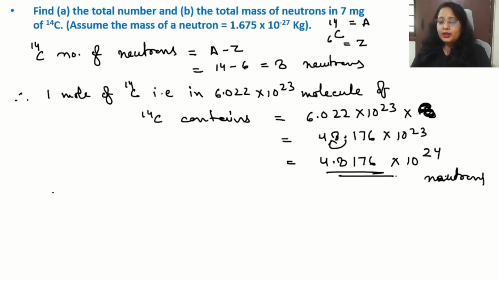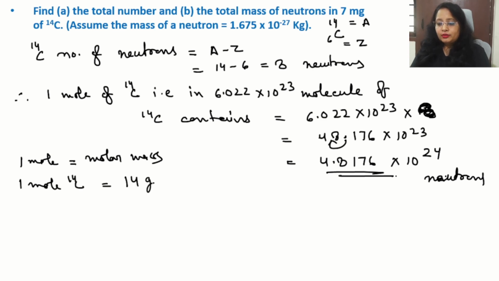Now one more thing, as we know that 1 mole is equal to molar mass. So 1 mole carbon C14 is equal to 14 grams of carbon 14. We learned this in the mole concept. We are going to apply this concept.